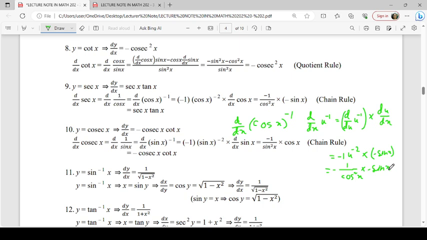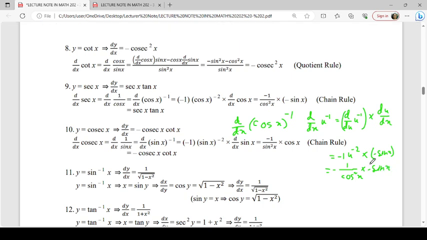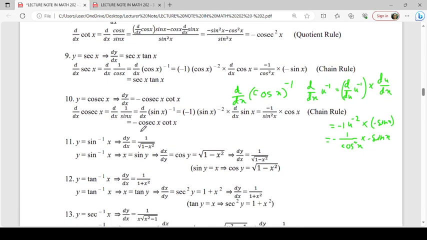So what we have is sec x tan x. After simplification, it is sec x tan x. In a similar way, this is also the same thing. We take u as sin x, then d/dx of this is minus 1 u to the power minus 2 into du/dx. du/dx is cos x.